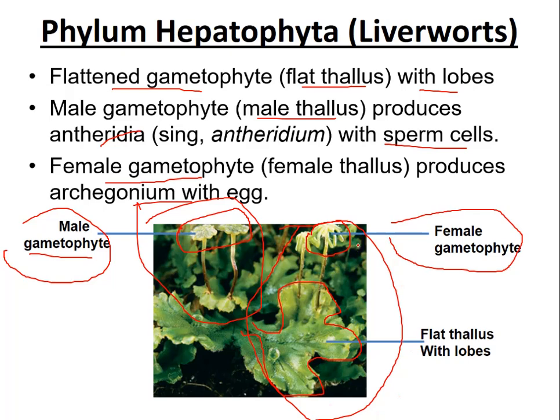The male gametophyte produces antheridia with sperm cells, whereas the female gametophyte produces archegonia with eggs. You can see here how to differentiate male and female gametophytes. The male gametophyte usually has a flattened structure like this, whereas the female gametophyte has a coconut tree-like structure. That is how to differentiate male and female gametophytes.